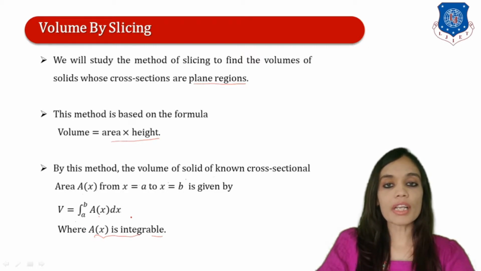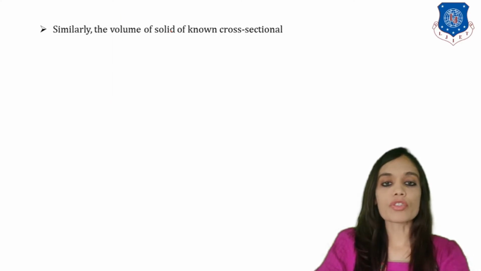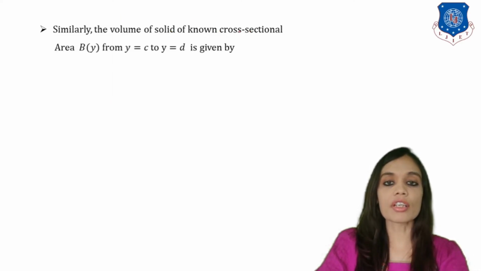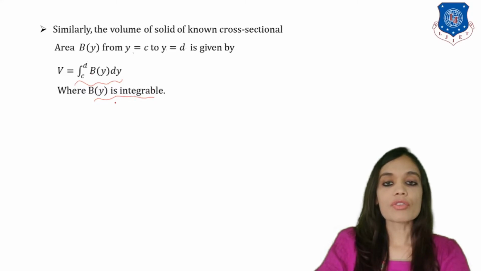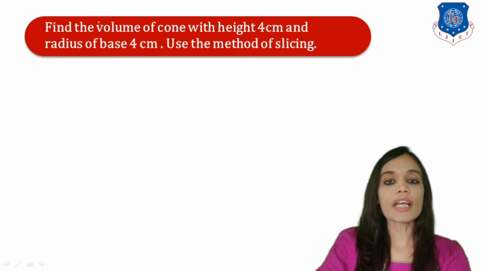Similarly, the volume of the solid of known cross-sectional area B of y from y equals c to y equals d is given by V equals the integral from c to d of B of y dy, where B of y is integrable.